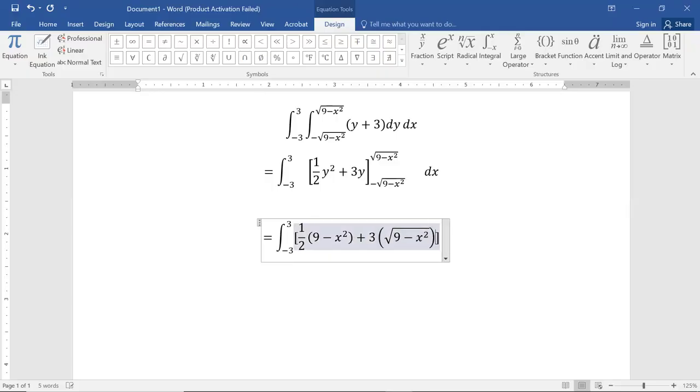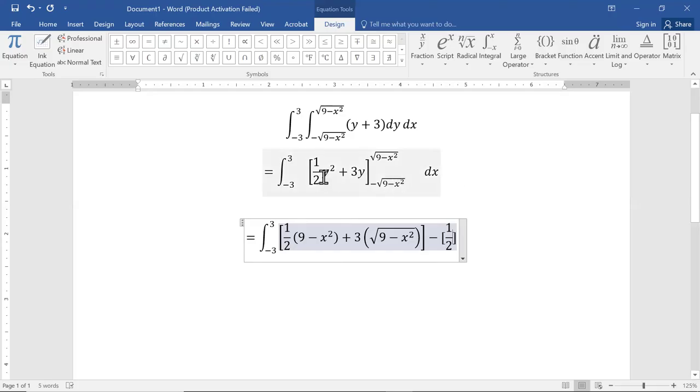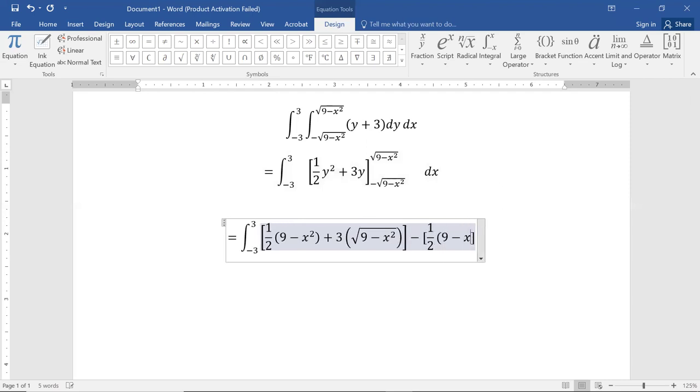That's what happens when I plug in the positive square root. When I plug in the negative square root, well, the first component's exactly the same. 1/2. When I take a negative square root of 9 minus x squared and then square it, I just get, again, 9 minus x squared.